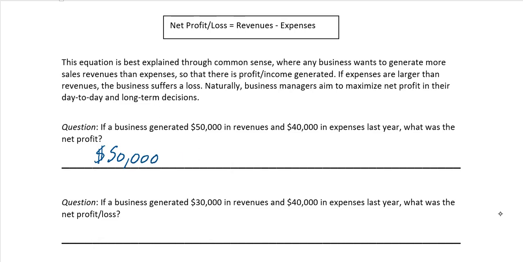And then we're going to take away our expenses, minus 40,000, and we're going to get a nice round number of 10,000. Because it's positive, we can confirm this is indeed a net profit.